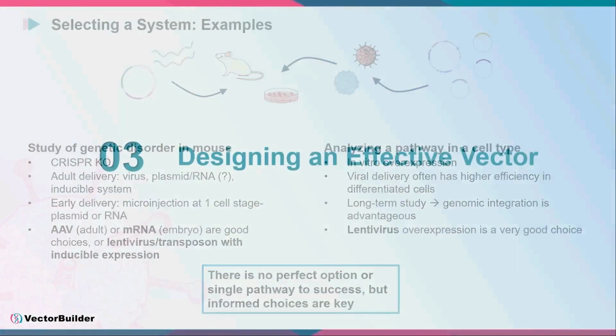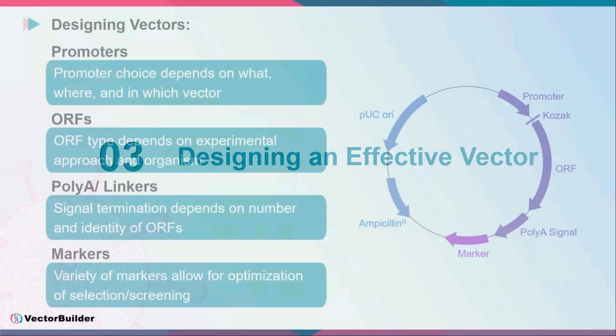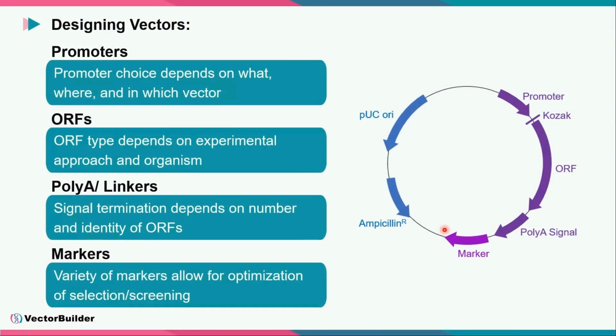All right, we have our vector, we know what we need to do, and we have our little packaging systems all set up in place, or we have our little electroporation station, but now we need to put something in that vector, right? Now, whether you're using transposons or lentivirus, you're typically going to start with a preformed backbone.